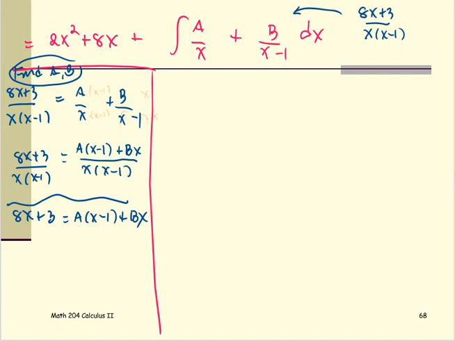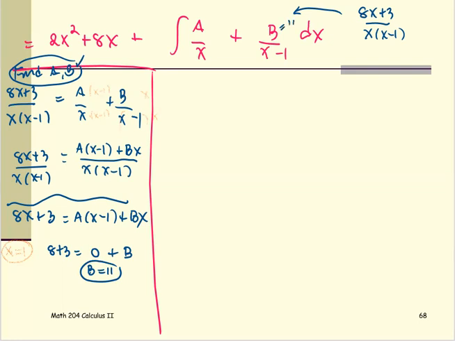So if I pick the value x equals 1, I replace the entire equation with x equals 1. So I have 8 plus 3 equals a times 1 minus 1, that is 0, right? So going to be 0 here, plus b times 1. That means my b is 11. I get the answer for b. B is done. B is 11.